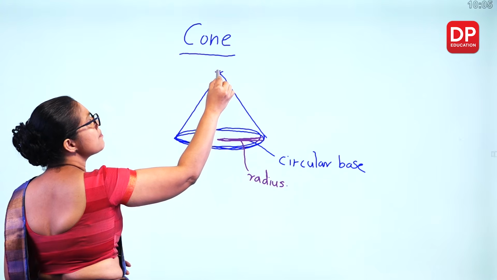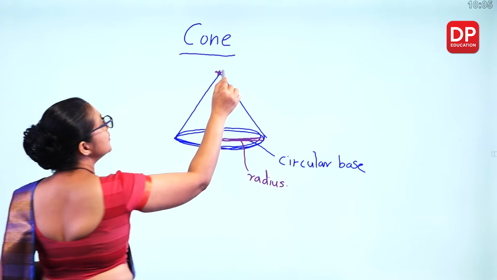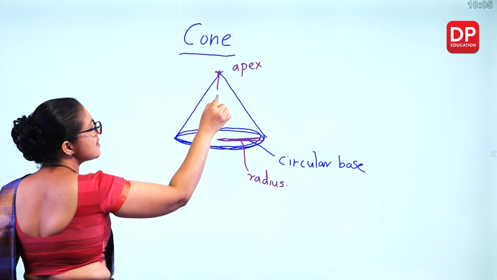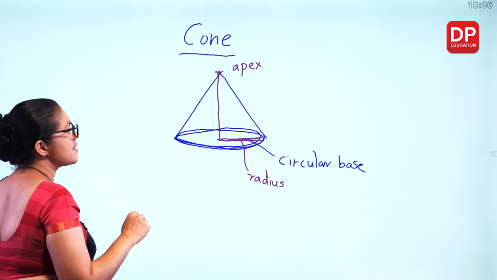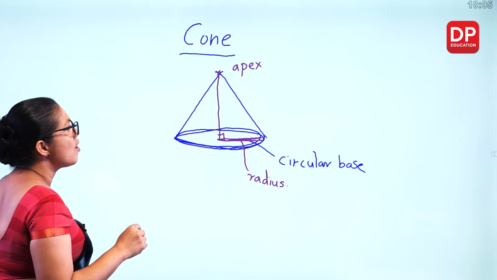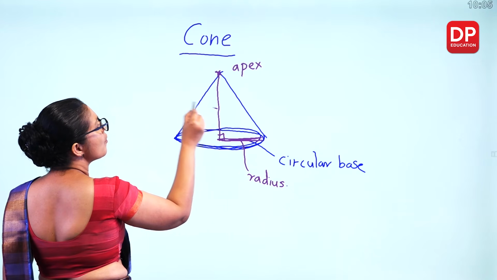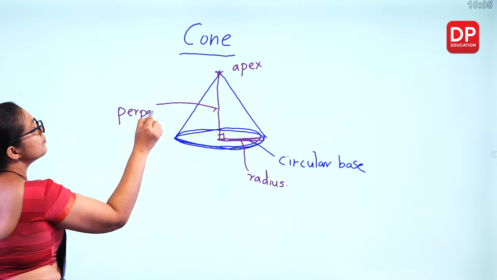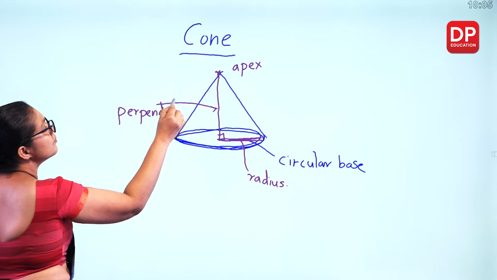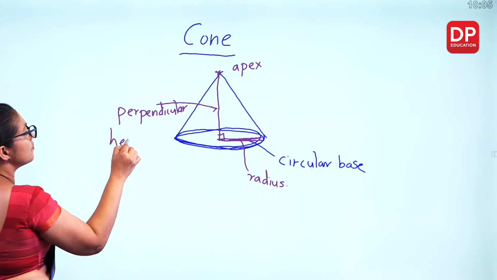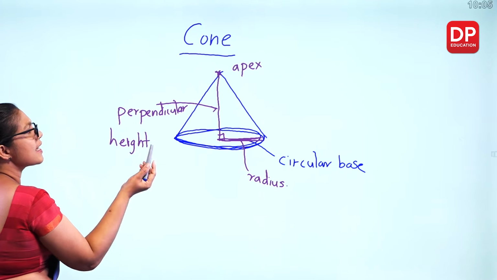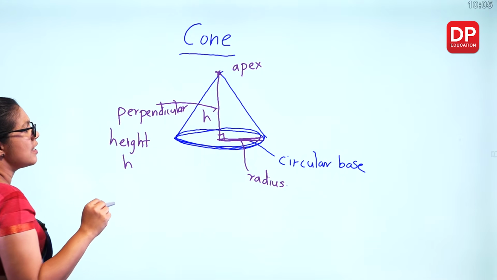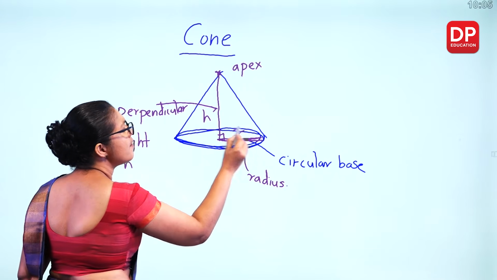And here, what is this point we call? Apex. The perpendicular distance from apex to this circular base is the height, perpendicular height of the cone. We can take as h.